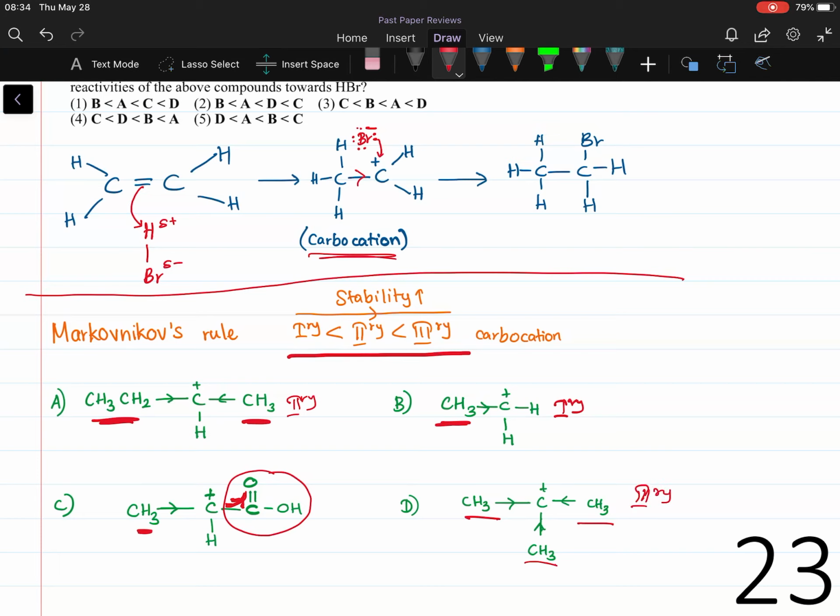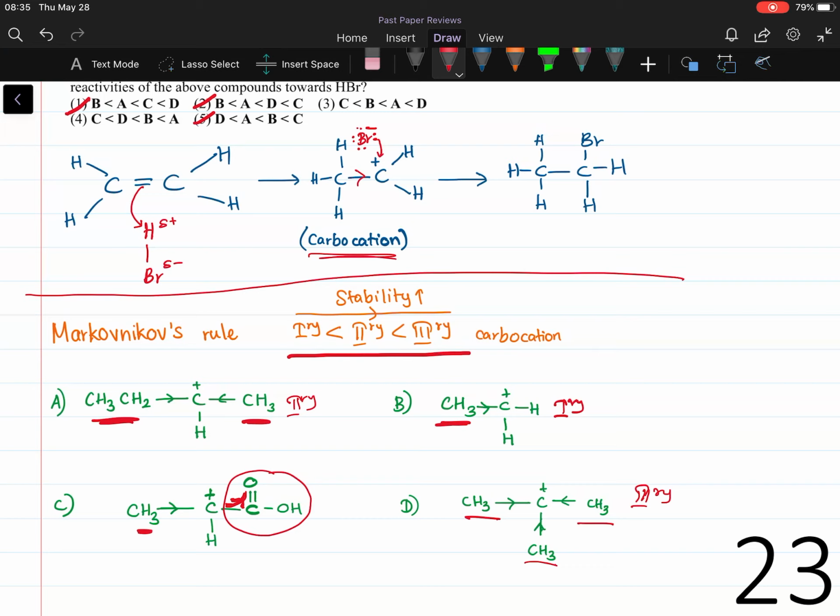Now we'll arrange them in order. C should be the least reactive because it has the highest positivity on the carbocation because of the carboxyl group attached to it. Therefore, we can eliminate answer number 1, 2 and 5. So that leaves us with 3 and 4.